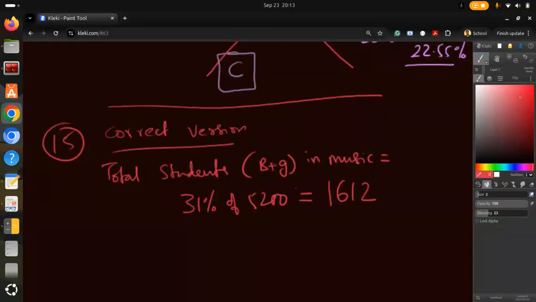Now this contains boys and girls. I don't know how many boys, how many girls, but we actually calculated that earlier. What we know is that 120 girls shift to cooking.